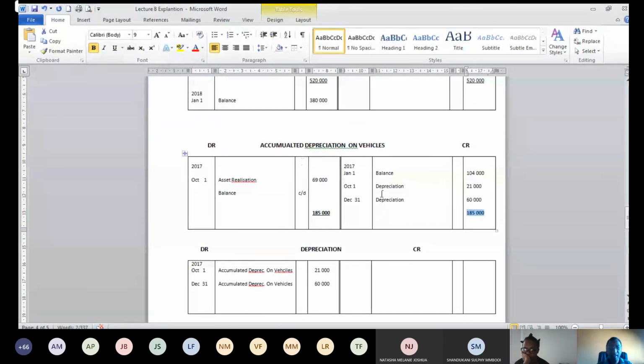The balance carried down, the difference between the two sides, is an amount of 116,000 Rand.